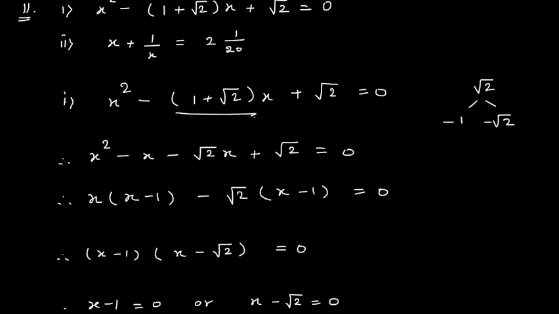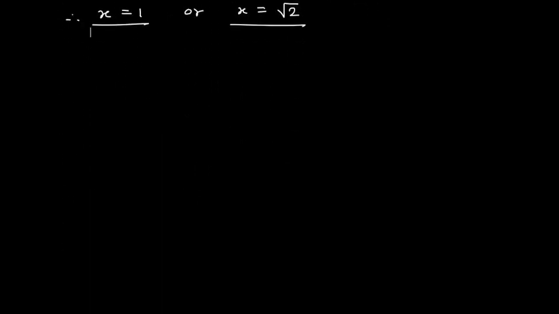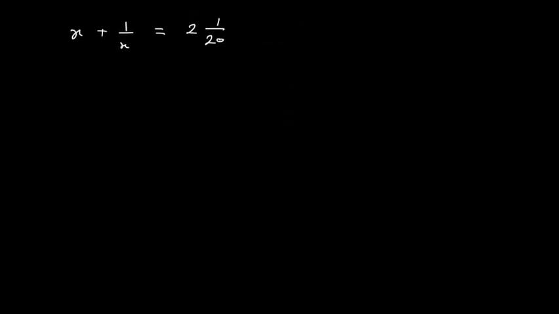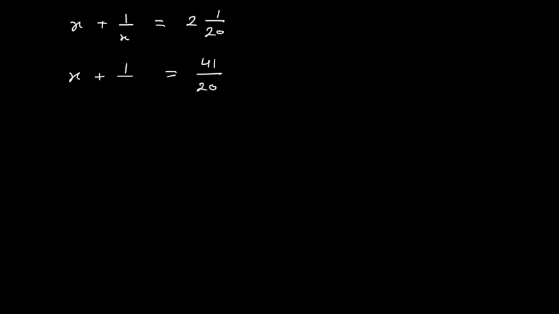Second problem is x plus 1 upon x is 2 1 upon 20. Okay, so x plus 1 upon x is equal to 2 1 upon 20. Right. So here we will multiply both the sides by x. Before that we can simplify this. So it is 41 upon 20, and here it is x plus 1 upon x.